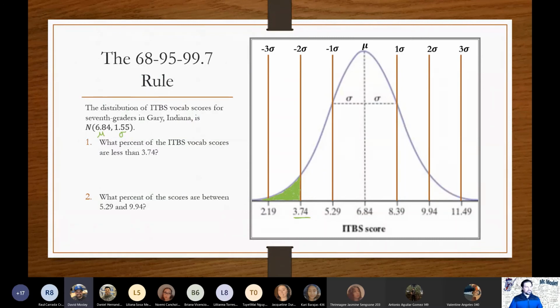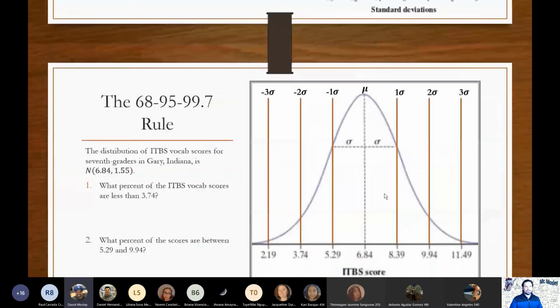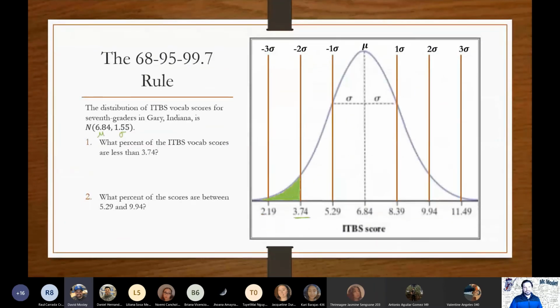So what we know is that between these 2 points lives 95% of my data, right?